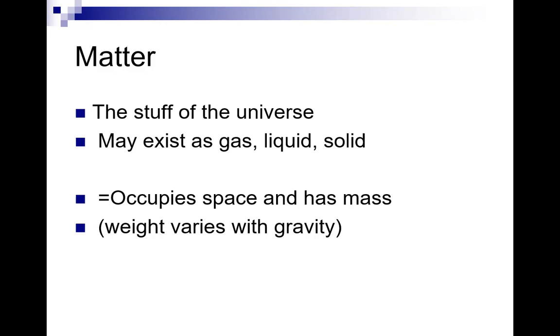So I take up the same amount of space here as I do on the moon, but my weight would be less on the moon because there is less gravity pulling down on me. So weight and mass are different. Mass is how much space I occupy. Weight, like I said, will vary with the force of gravity. A lot of times people try to use them interchangeably, but technically in science they are two separate things.